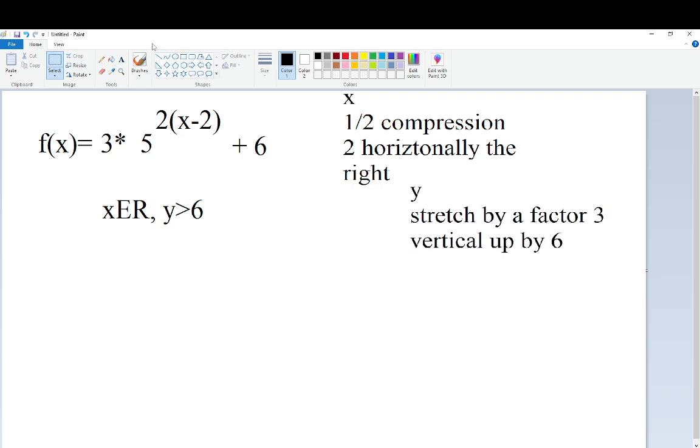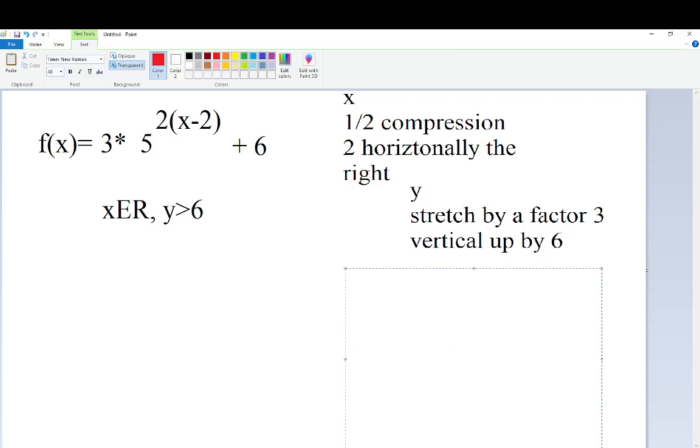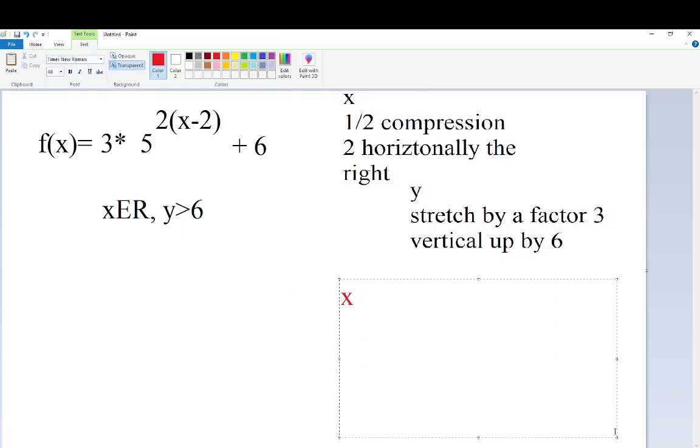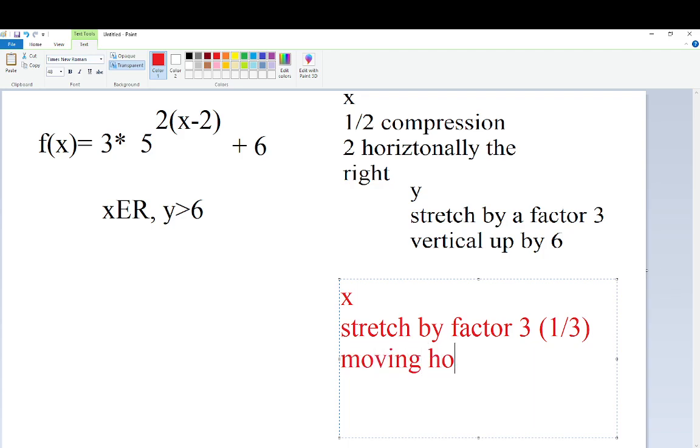That means on my inverse graph, instead of coming up with the numbers, I know that my x will do whatever the y does up above. So it's a stretch by a factor of 3 for my x, which means I would have to put a third in front of it. And it's vertically up by 6. So up for x is right. So it's translated horizontally right by 6. But in the x, what we would write for x, because x lies, is x minus 6.